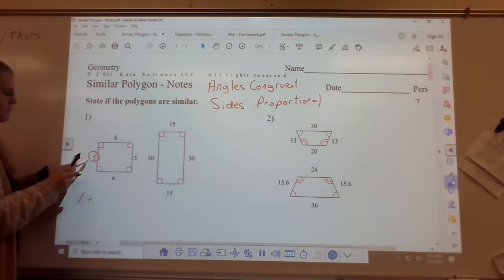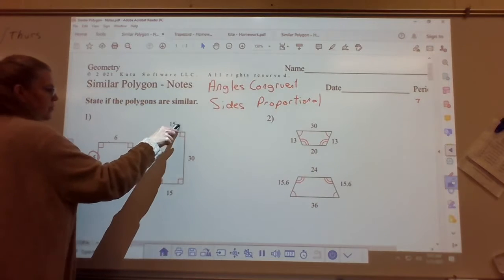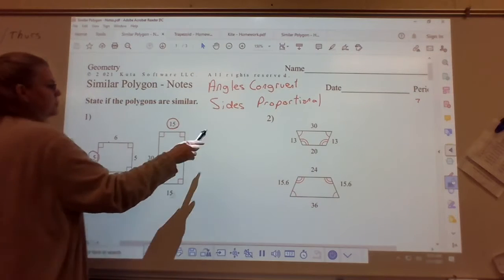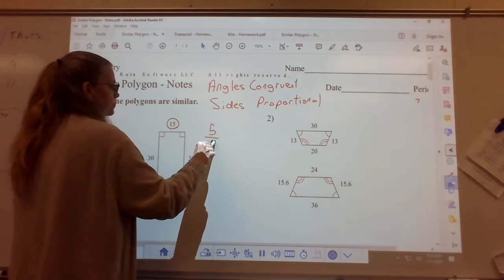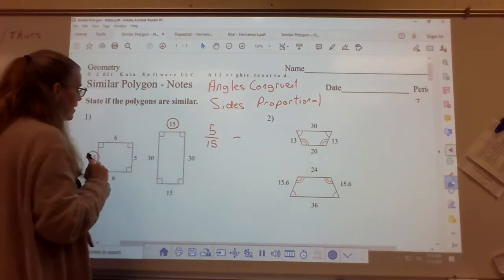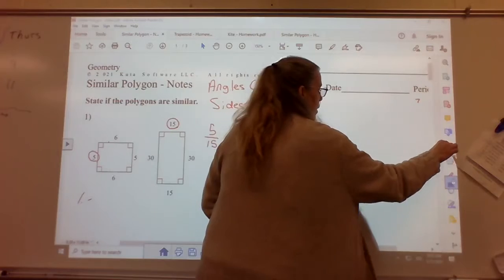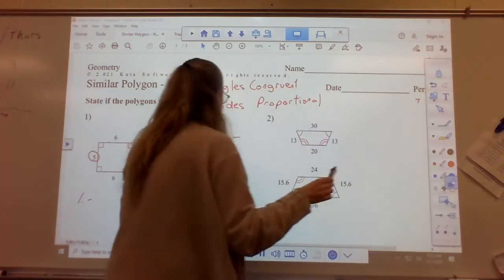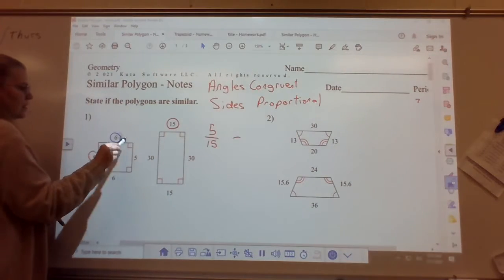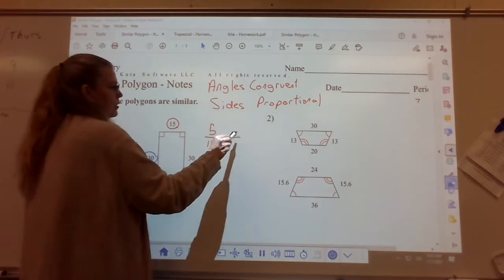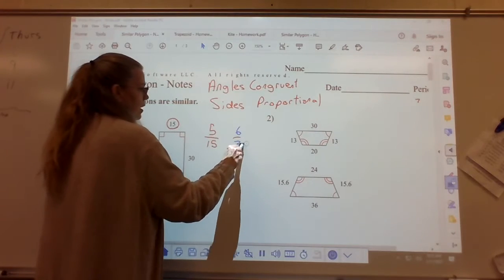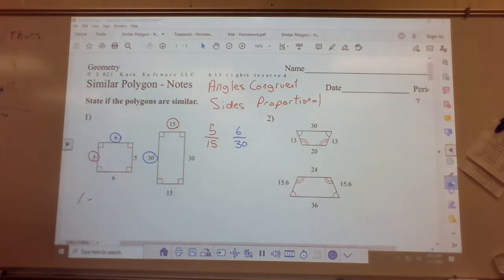So 5 over 15, and I want to see if that's going to be equal to 6 over 30. I want to see if this matches up.